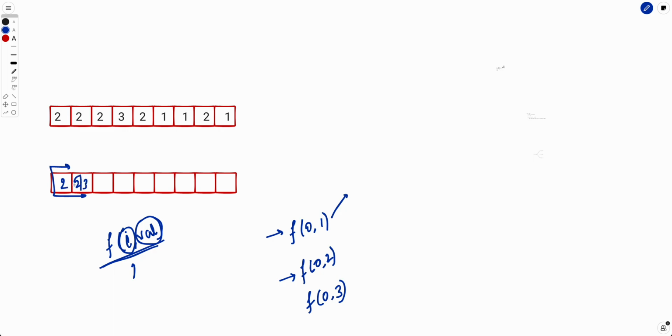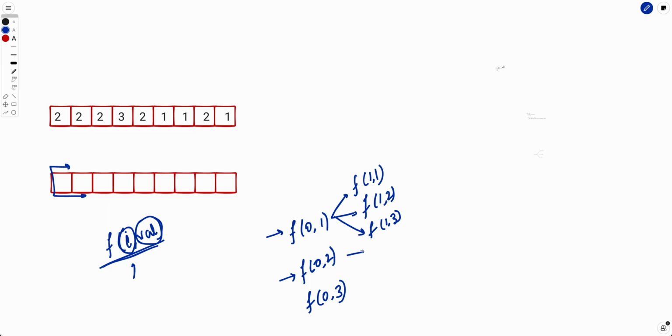We can't fill 1 here, right? So we will simply say, if you have filled 1 here, we will simply figure out what is the value of f of 1 comma 1, f of 1 comma 2 and f of 1 comma 3. Based on whichever is minimum, that will be the best possible choice for f of 0 comma 1.